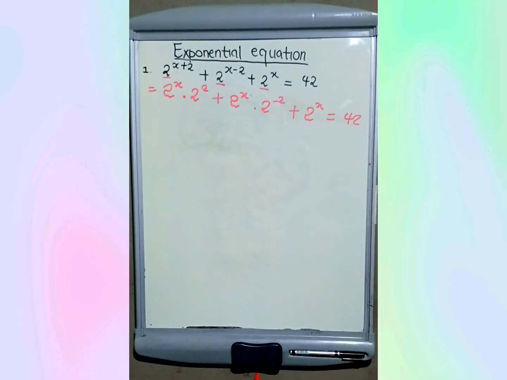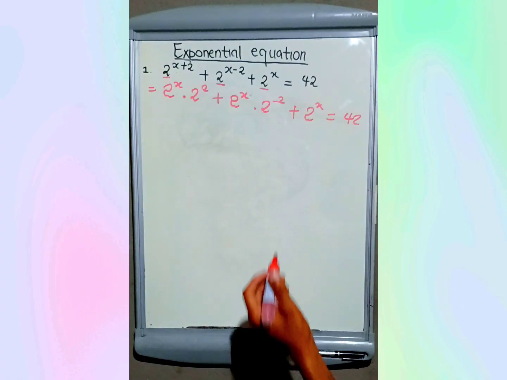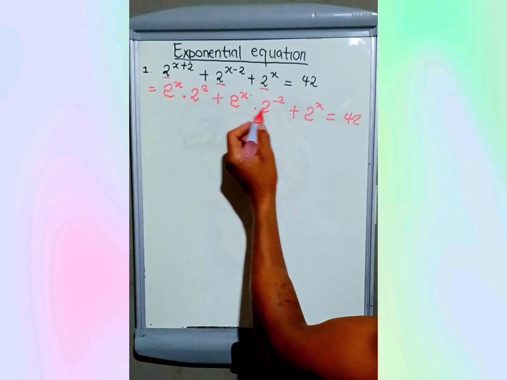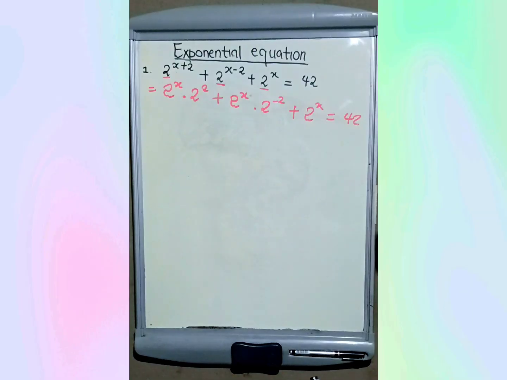which is equal to 42. Okay? Then after that, the common factor. We have the first term, the second term, and the third term. What is common on these terms?